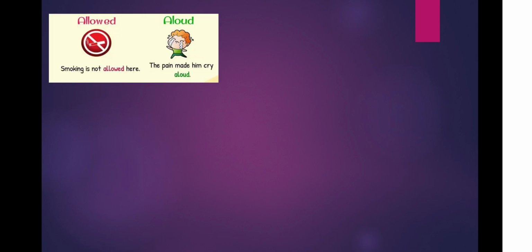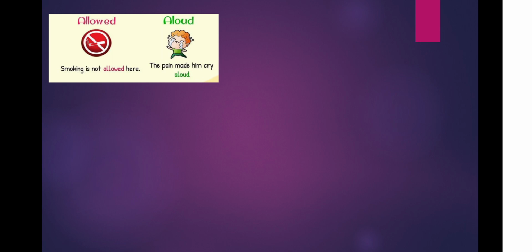We are going to start with allowed and aloud. Allowed means to grant permission for something, right? Smoking is not allowed here. In our schools, phones are not allowed. And in the other way, aloud means to speak loudly or something very loud, like he read the letter loudly.